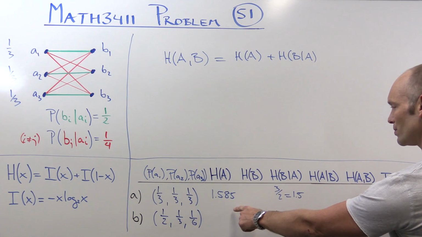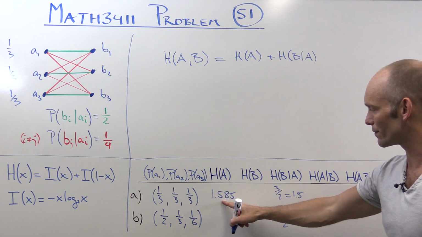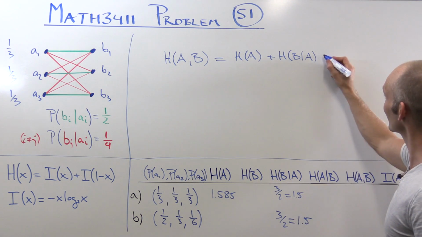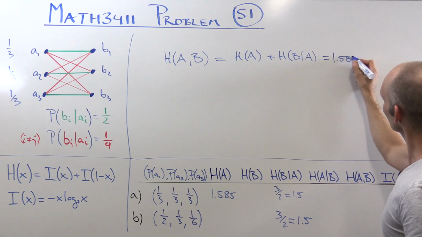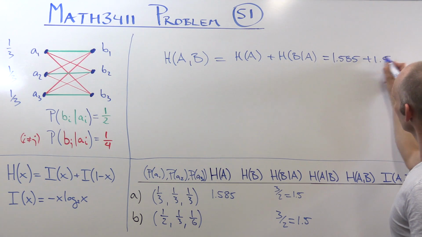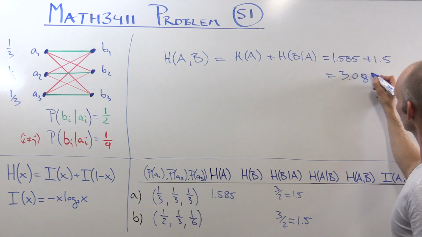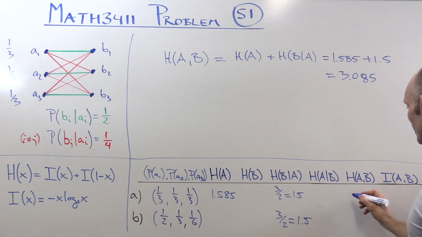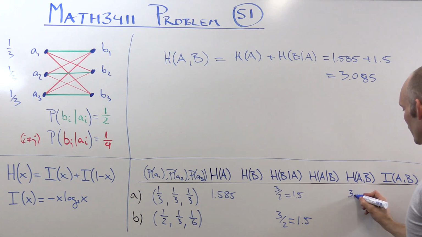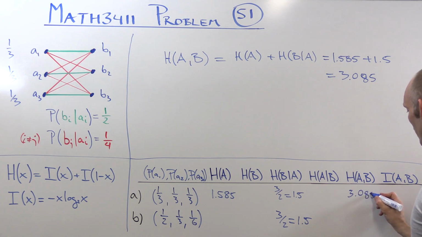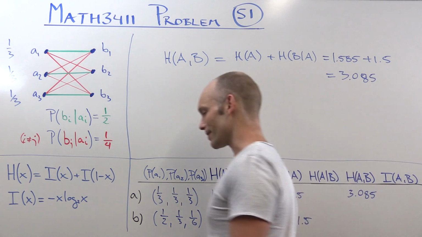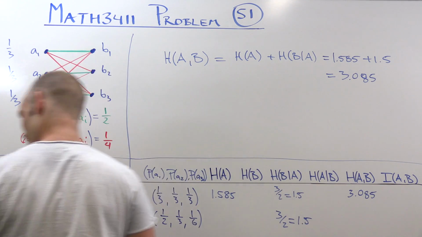And that's just those two numbers here. So 1.585 plus 1.5 gives you 3.085, and then we have another number in this table.